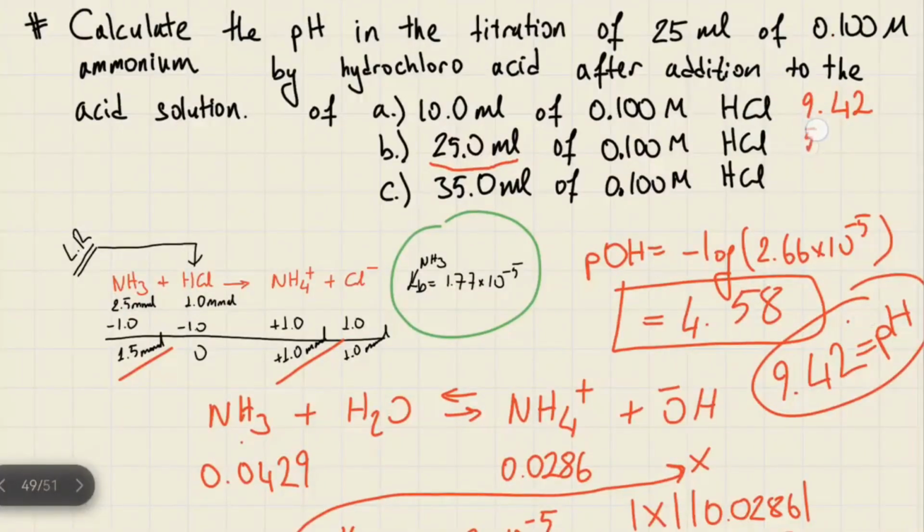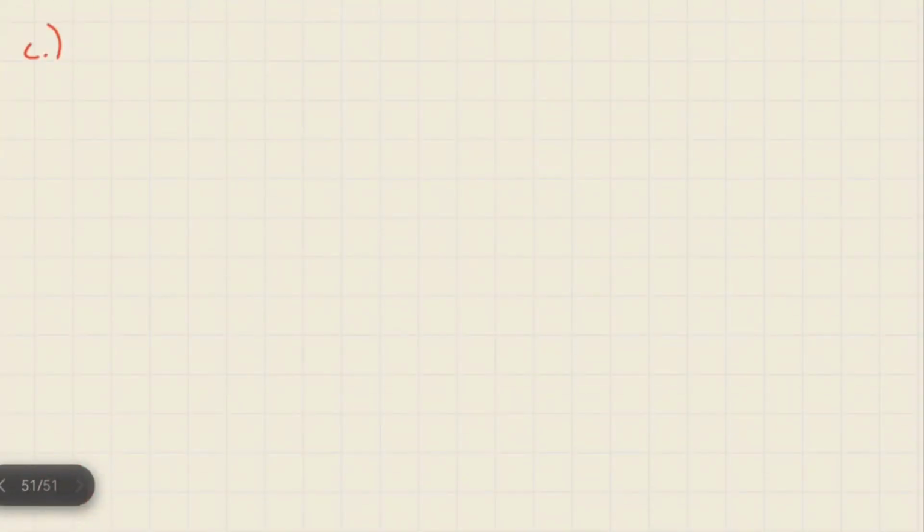So here it is 5.27. So our pH decreases as we expect since we are adding an acid. And let's see what if we add 35 milliliter of HCl.